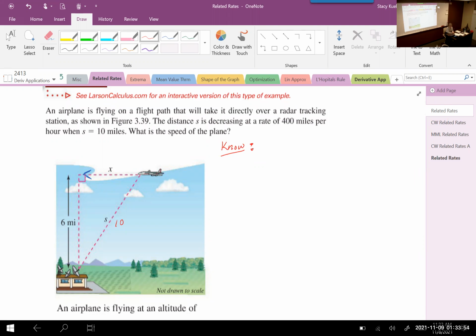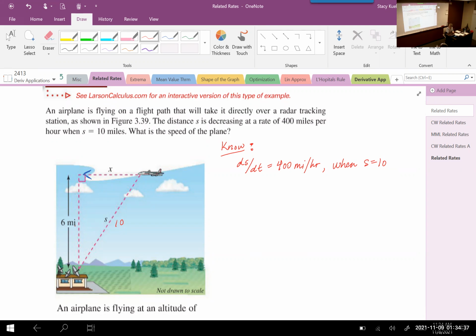Okay, so that would be ds dt, 400 miles per hour, when s is equal to 10. All right, and I don't have a whole lot of other stuff in there, do I? All I know is that s is 10. I know that the vertical height is 6 meters. That's about all I know. What kind of formula would I create here?